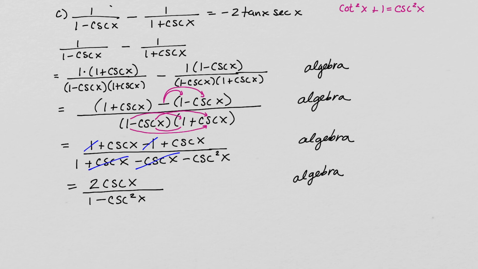So I can replace cosecant squared of x with cotangent squared of x plus 1. So this is going to be 2 cosecant x over 1 minus, and instead of cosecant squared x, we can put cotangent squared x plus 1. And that, we've used the Pythagorean identity.